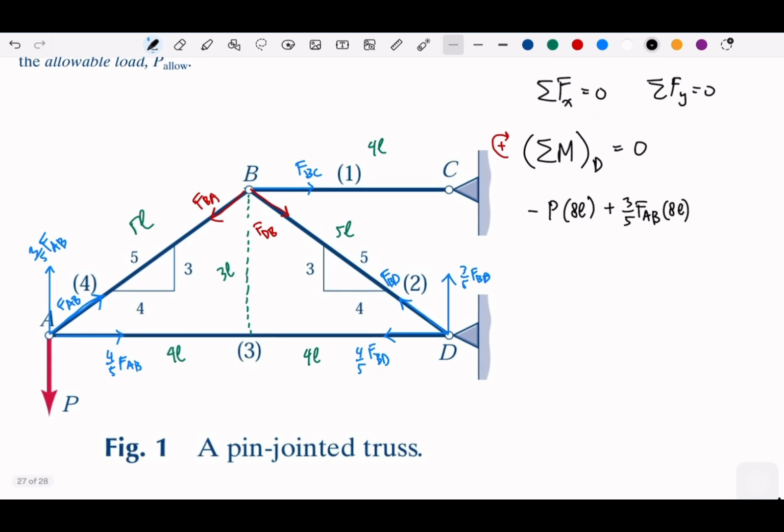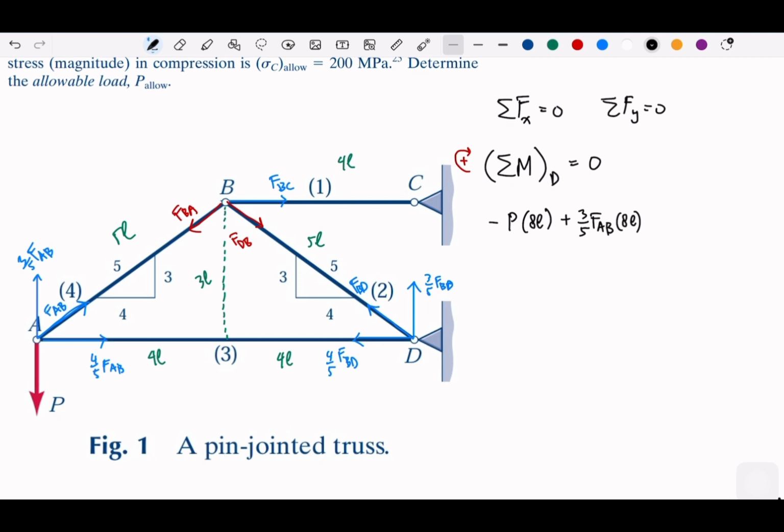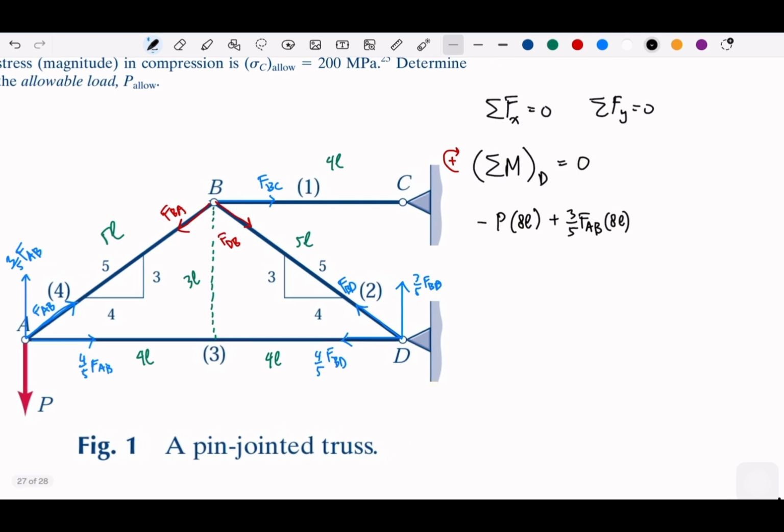Is this correct? And FBC, this will be plus FBC 3L equals 0, right?